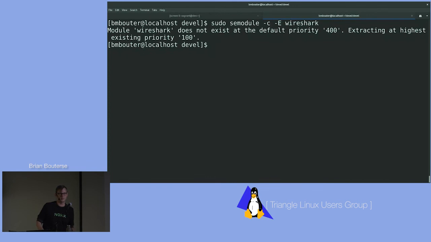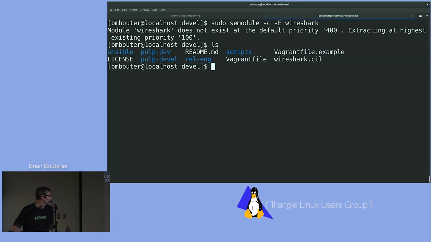SELinux has these priorities, and it says, I couldn't find it at priority 400, so let me do it at priority 100. And if you look here, you'll see there's this wireshark.cil here.